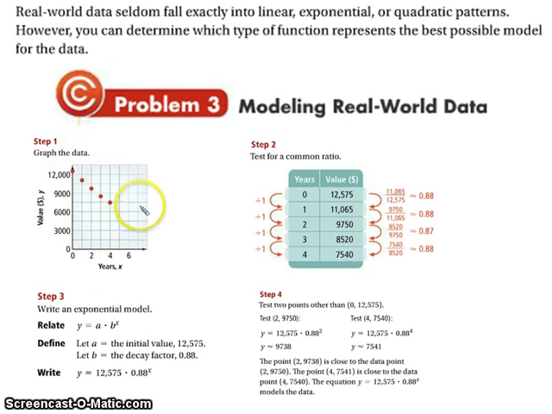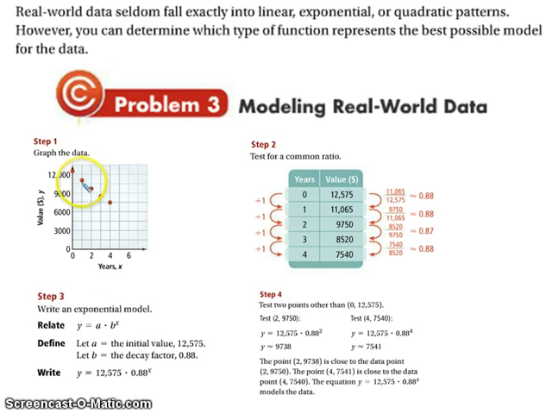This is called depreciation. The minute you buy a car and you take it off the lot, it starts to lose its value. So no matter how well you take care of it, you buy it, it's a little over $12,000. In 1 year, it's already dropped to a little over, what would that be? 11, something like that.